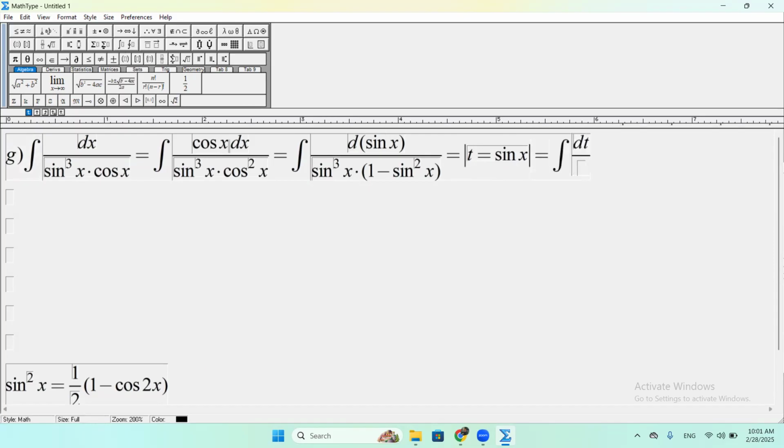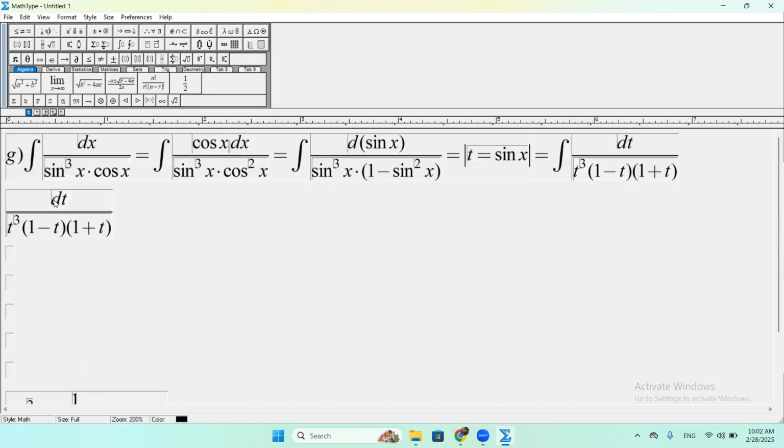So dt, and here t square, 1 minus t, and 1 plus t. So now let's use the method of undetermined coefficients that we used in our previous lesson.